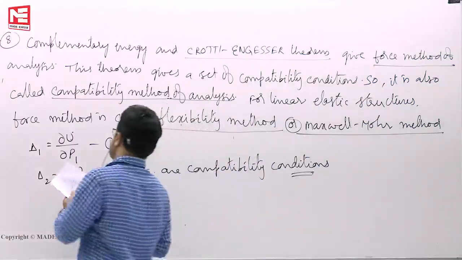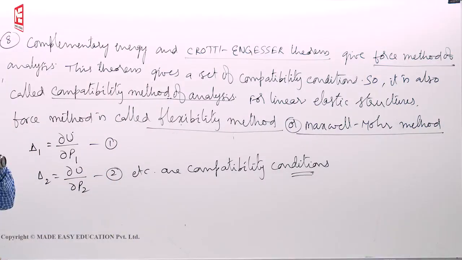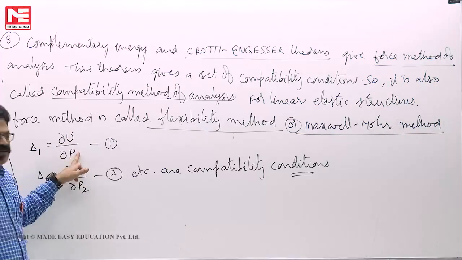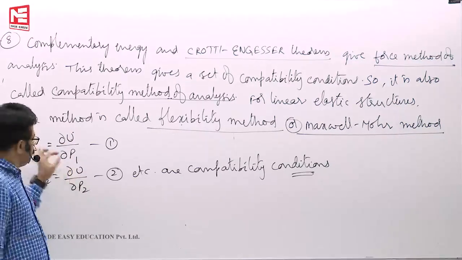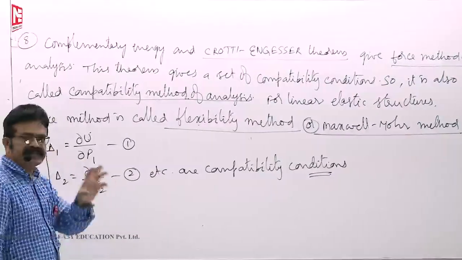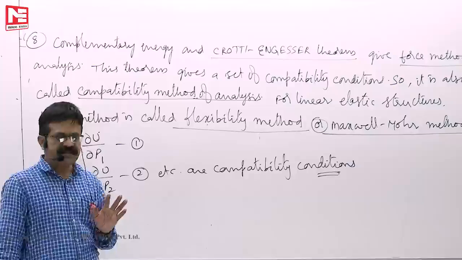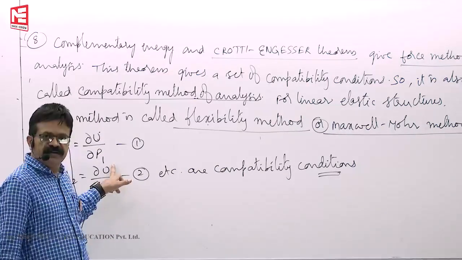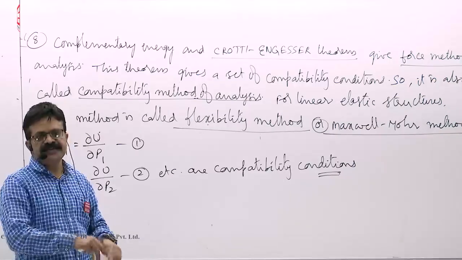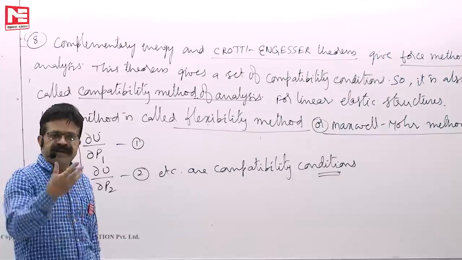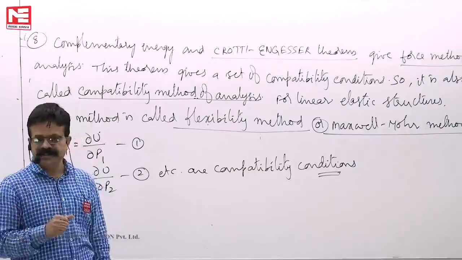Now you see, in this case, ∂U/∂P1 or ∂U*/∂P1 will give you the displacement. If the displacement happens to be 0, say P1, P2, etc. are some redundant forces, then what happens? ∂U/∂P equal to 0: you have studied maximum and minimum principles in mathematics. For any quantity to be maximum or minimum, its first derivative must be 0.